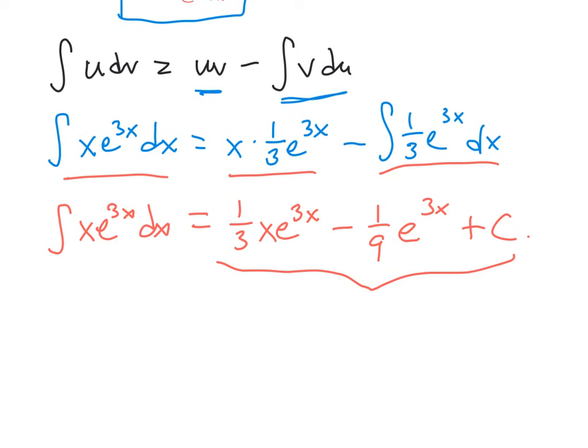I'm not going to go through all the steps, but if you take the derivative of this by the product rule, you're going to get two parts, one of which is exactly this thing, and then the other part is going to cancel out the derivative of this. It actually works out very elegantly, and I encourage you to try working it out. I'm just not going to do all of that here.